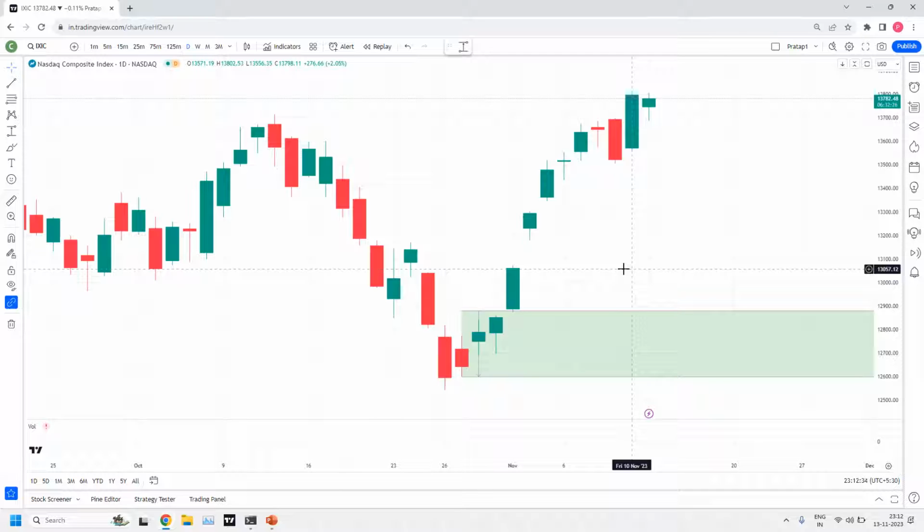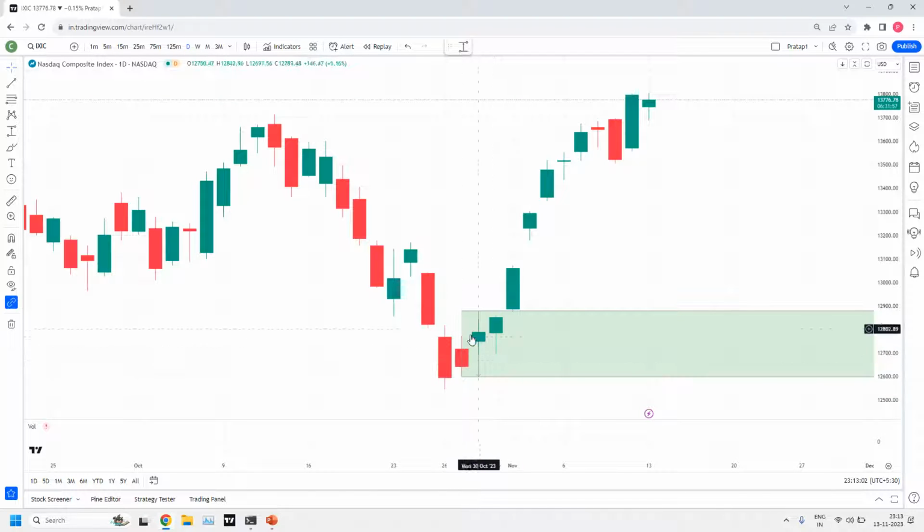What are the distal line methods you have learned for drop, base, rally? Among these, what are the 3 types of candles? One is leg-in, the second type is base candles, all the base candles together as one type, and the third one is the leg-out candle. When you look into all these three, whichever has the lowest value should be the distal line.